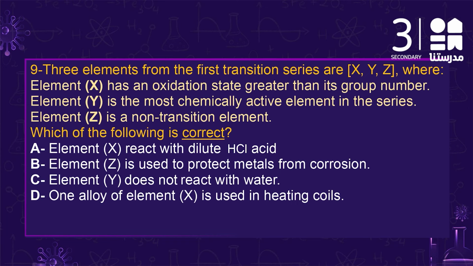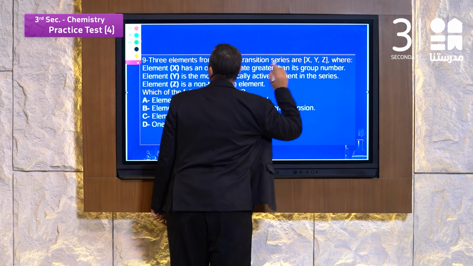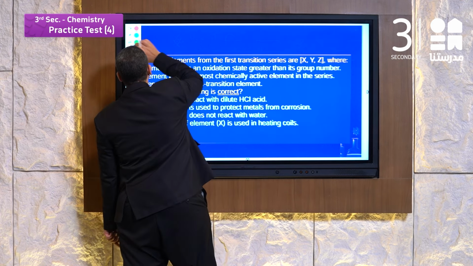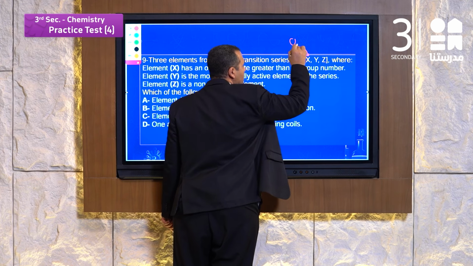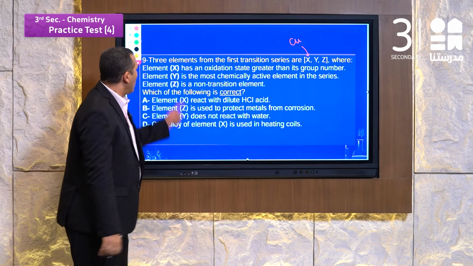The next question. Three elements from the first transition series are X, Y, and Z, where element X has an oxidation state greater than its group number. So we are talking about an element in group 1B, which is? Copper. X is copper.